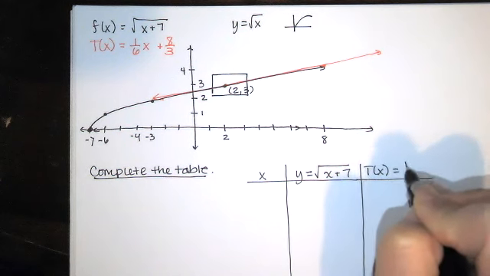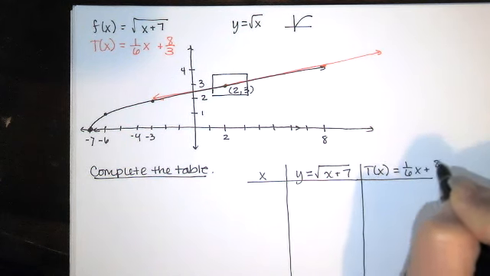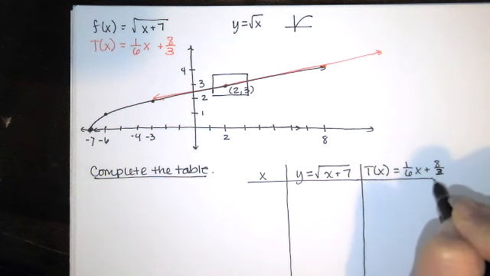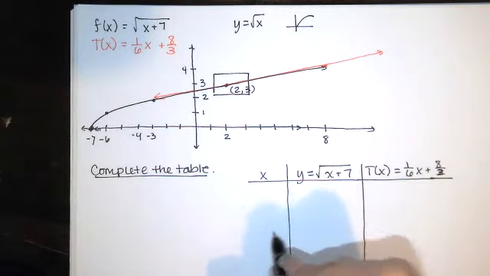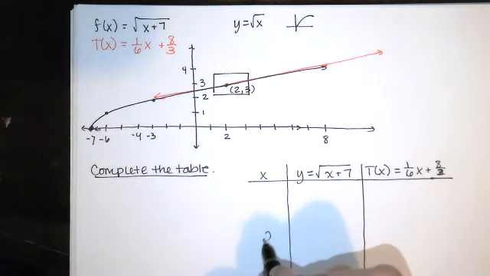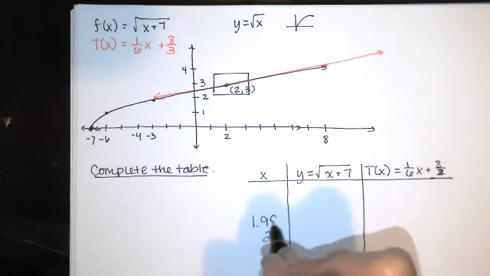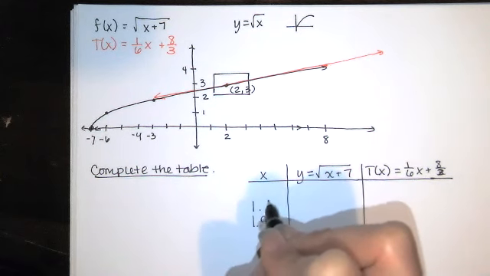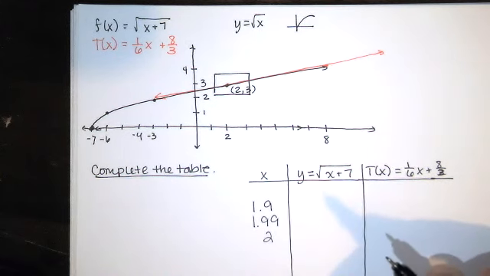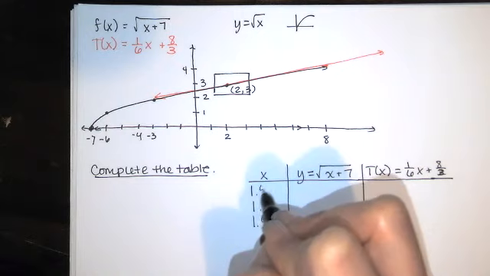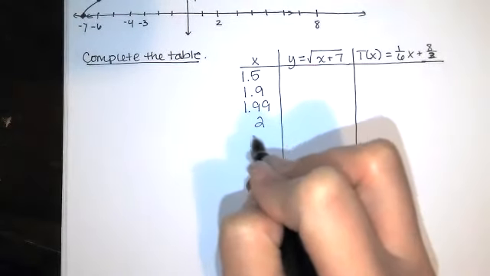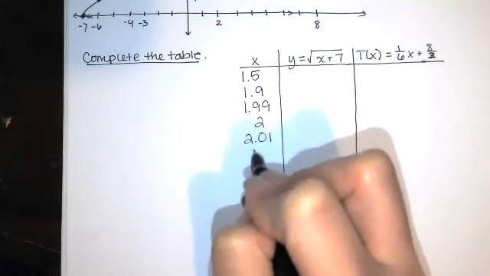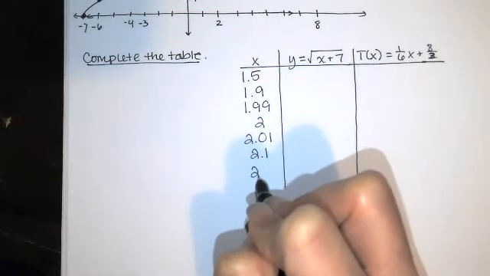And then we've got t of x equals this. We might want to approximate the function near x equals 2, that point of tangency. So maybe I'll go out to 1.99 and 1.9, 1.5. Maybe we'll go out to 2.01 and 2.1 and 2.5.